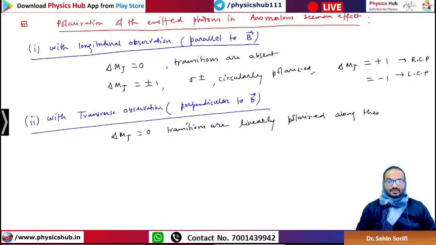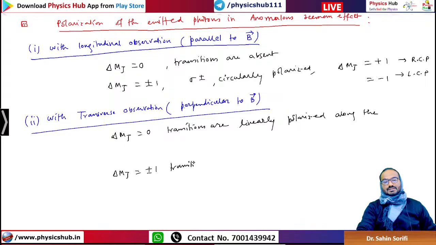Tell me. Delta mj equals plus minus 1 transitions are also linearly polarized, but the direction will be different.